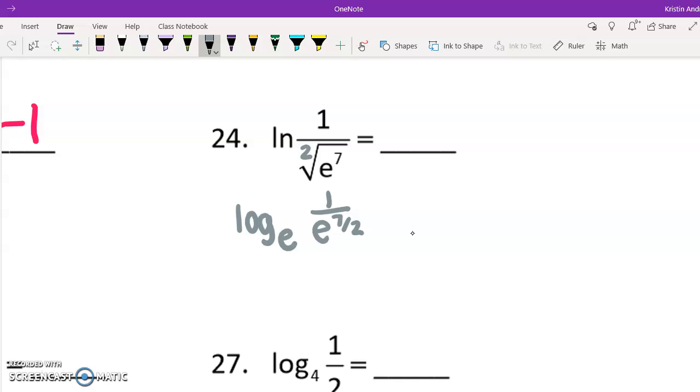Since this is in the denominator and not the numerator where we want it to be, we're going to go e to the first, and then this fractional one is e to the negative 7/2. I'm making it a negative because I'm moving it up to the numerator. Now I'm going to divide my powers. I get negative 7/2 divided by 1, which is negative 7 over 2.